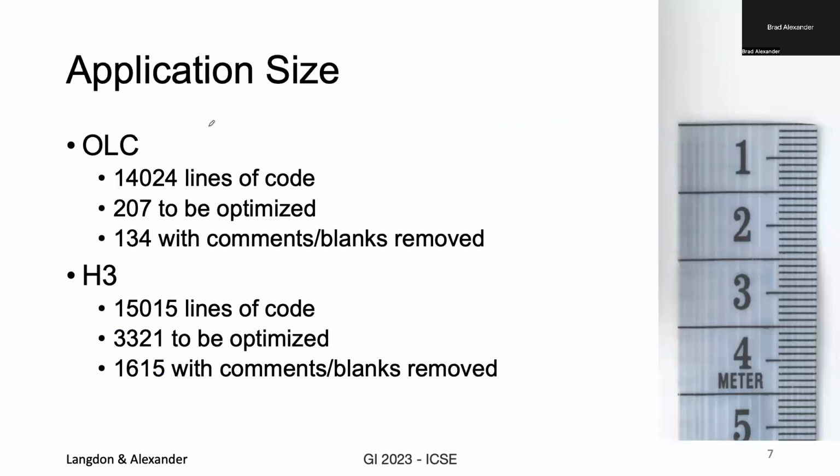Now, these applications both do similar things, but they have different code sizes. So OLC is based on a grid. At its core, it has 14,000 lines in total, but the core transformation of longitude and latitude to code, once you take the comments and blanks out, is 134 lines.